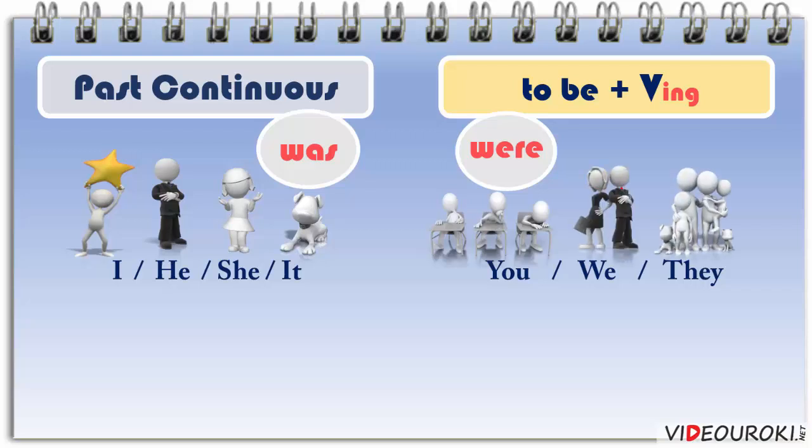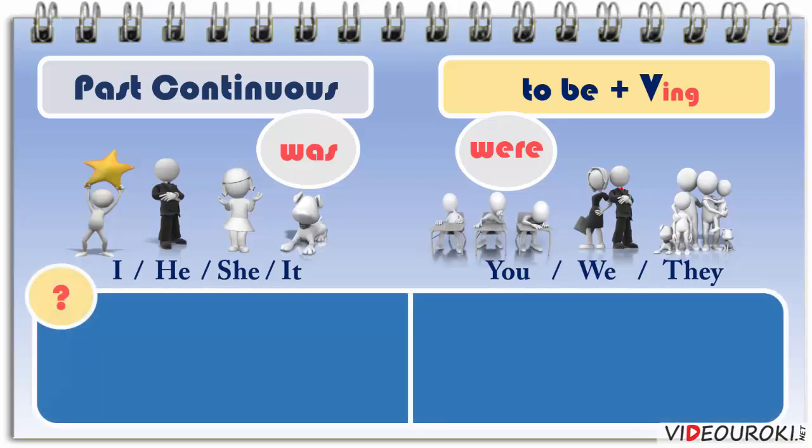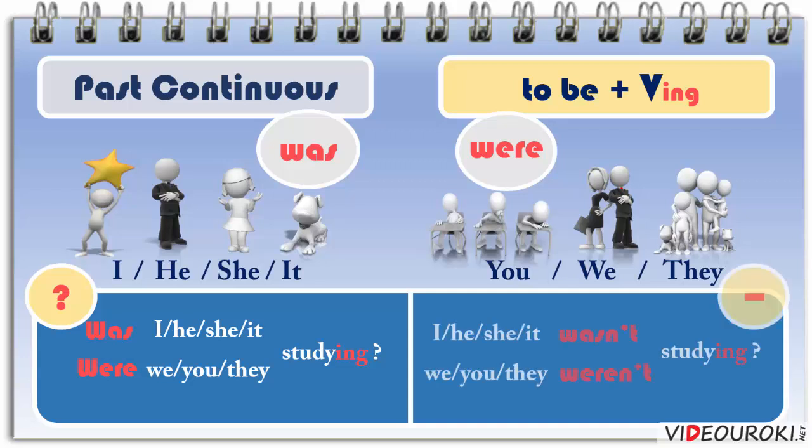We form questions by putting was or were before the subject. Was he studying, or were they studying? To make negatives, we put not after was or were. Wasn't, weren't for short. She wasn't studying, or they weren't studying.